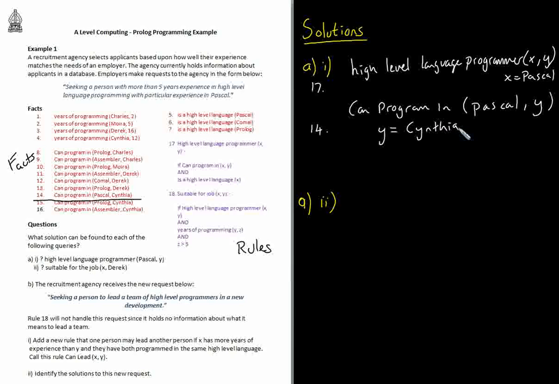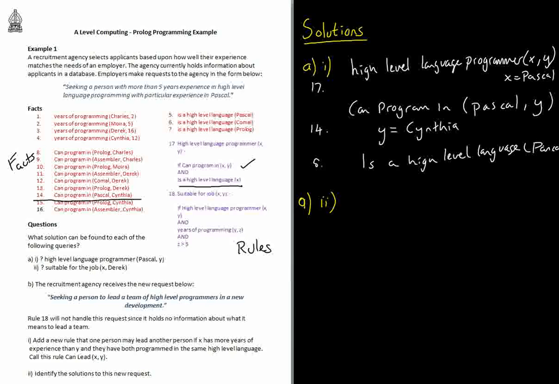So, what else is there in that rule? I've done that, but now I've got to look at this bit. Is a high-level language X? In this case I'm looking at clause number 5. Clause number 5 says, is a high-level language Pascal.